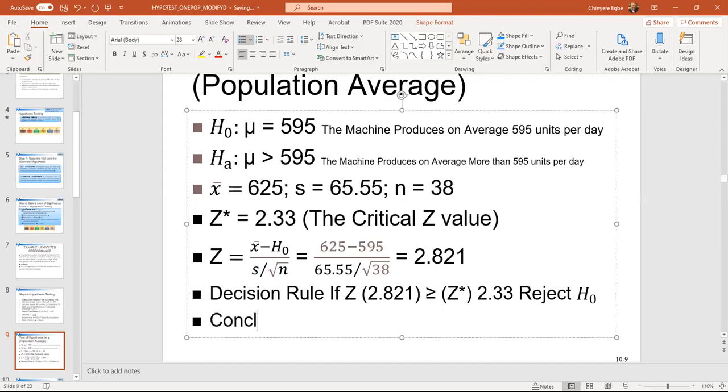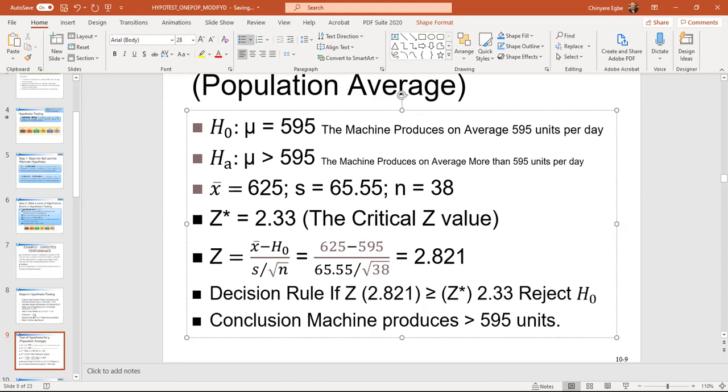They produce more. They produce more than 595 units. So this machine is doing its job, because if the machine is producing in excess of 595, then the machine is doing its job. That is the conclusion. That is a simple test of hypothesis.